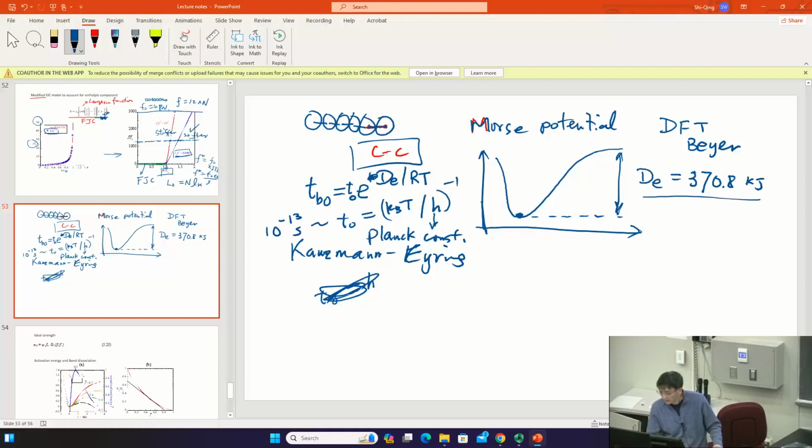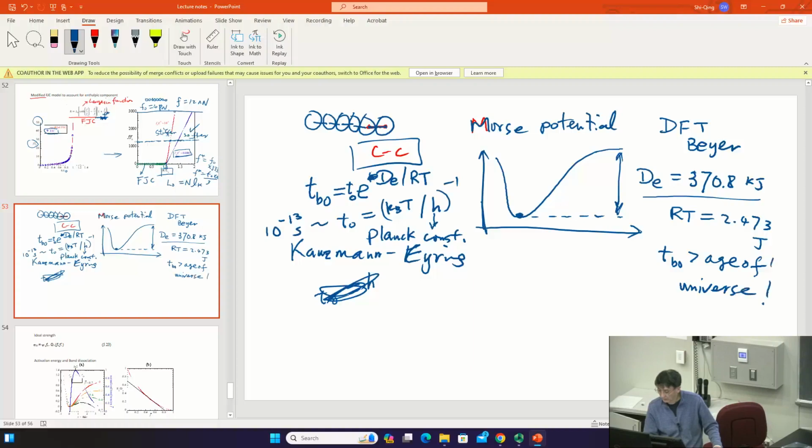Given this number, given RT at room temperature is 2.473 kilojoules per mole, you get a number which is very large, longer than the known age of the universe.